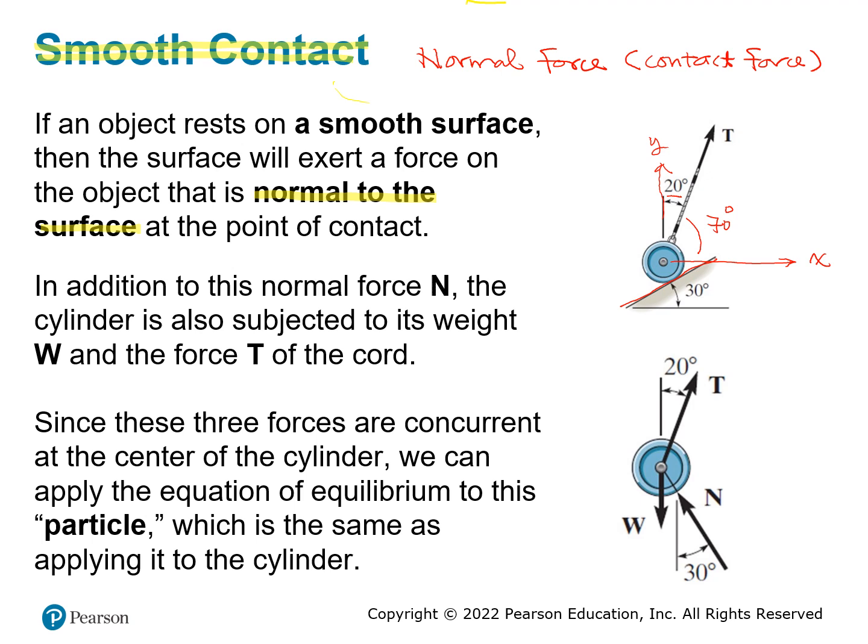When you want to analyze this object right here, you're going to isolate it. When you isolate this object, you have to eliminate this ramp. However, the ramp actually exerts a force, so you have to write a reaction force on this disc here. And what is that force? The force is going to be the force coming from the ramp to the object.